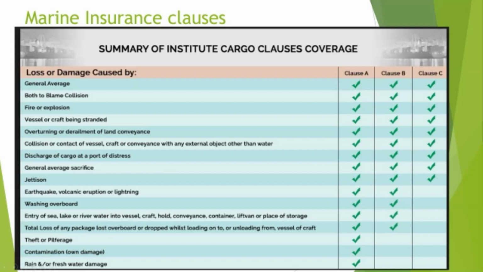But for the major subjects, you see on C, for example, for general average, all of them are covered. For both blame and collision, all of them are covered. For fire, all of them are covered. But for theft and pilferage, you see here A is covering, B is not covering, and C is not covering if theft or something happened.